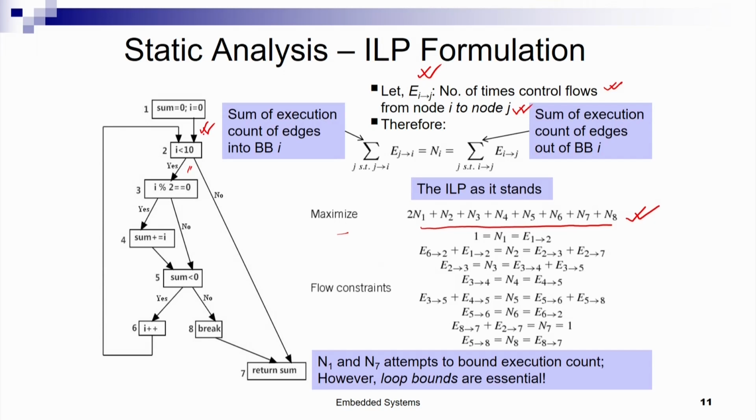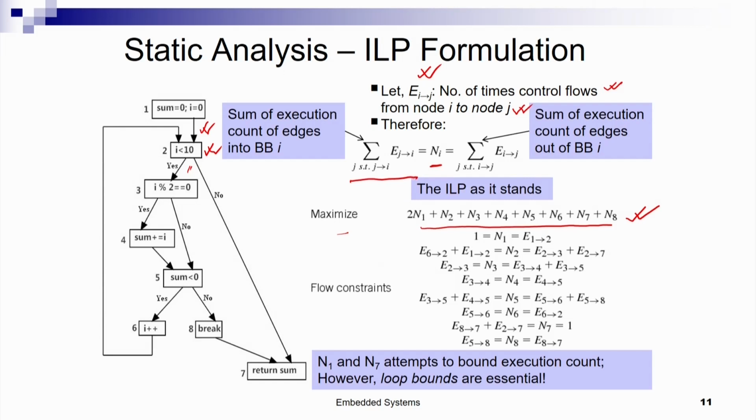Now, what will be the number of times that a certain basic block is executed? Basic block i will be executed n_i times. What is n_i? The number of times that control flows into this basic block.